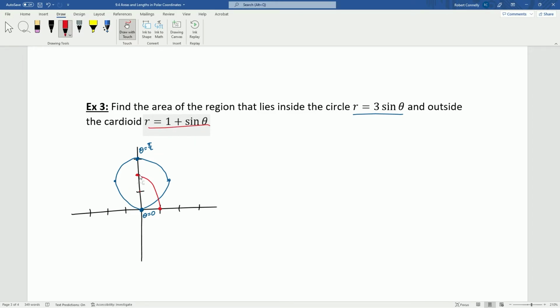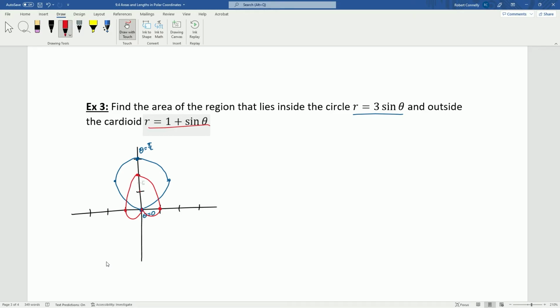So 1 plus 0 is 1. But pi is facing this way, so it's going to go down to here. Now, once we get to 3 pi over 2, sine is going to go to negative 1. So the radius is going to go to 0. So this thing is going to curl like this. And then we see that it's going to do basically the same thing out to here.